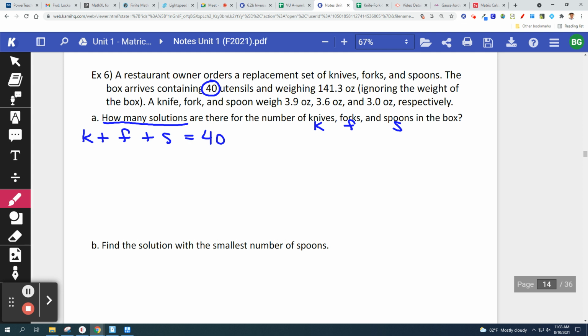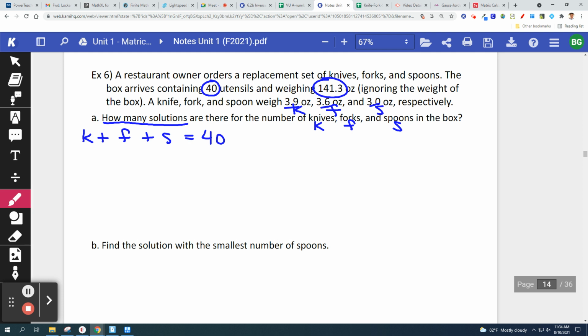Then I see this number, weighing 141.3 ounces. That's another total, the total weight of the items. You should be able to say that's the weight of a knife, that's the weight of a fork, that's the weight of a spoon, and pick out an equation based off of the weights.